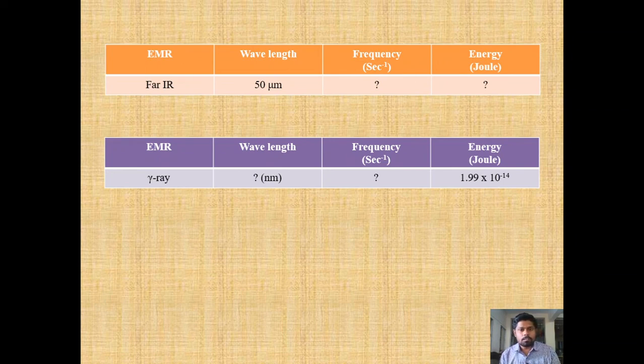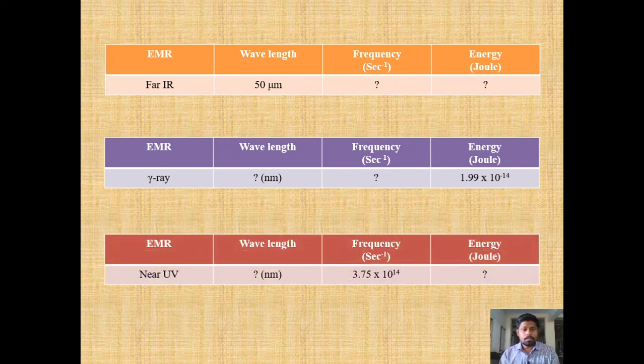Put the value of energy, put the value of Planck constant, rearrange the equation, and you can find the value of frequency. Then with the help of frequency and velocity of light, you can find the value of wavelength. Similarly, if frequency is given to you, find the value of wavelength by putting the values in nu is equal to c by lambda, and find the value of energy by putting the value of frequency in E is equal to h nu.